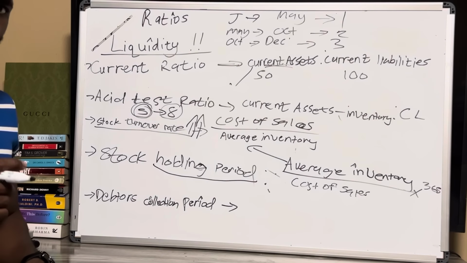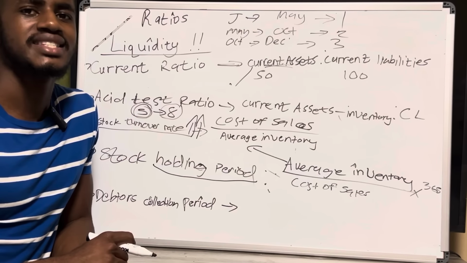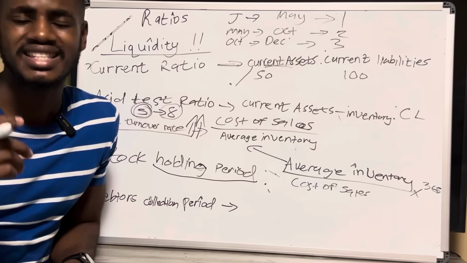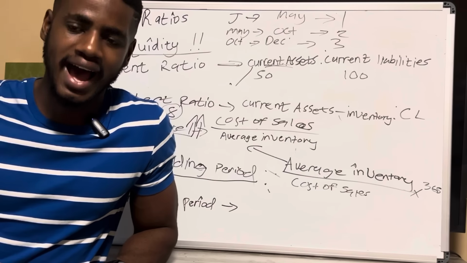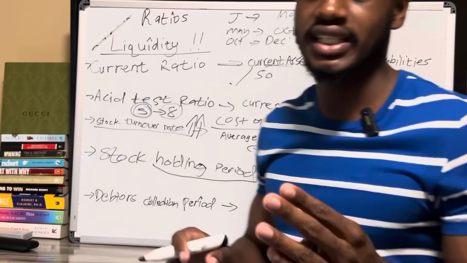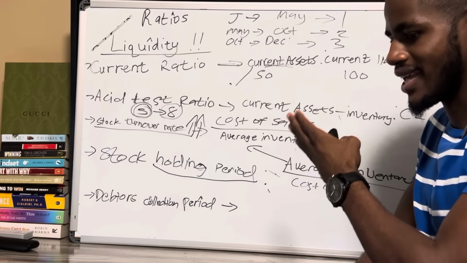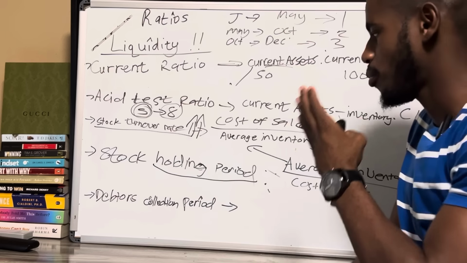Now we want to know, on average, how long does it take our debtors to pay us back? That is a debtors collection period. Obviously, we want our debtors to pay us as fast as possible.